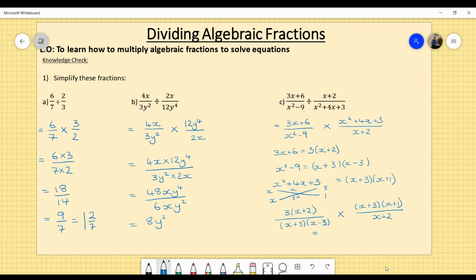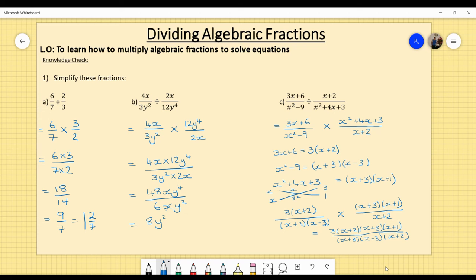So I end up with 3 lots of x plus 2 times x plus 3 times x plus 1 on my numerator, and then on my denominator I have x plus 3, x minus 3, and x plus 2.